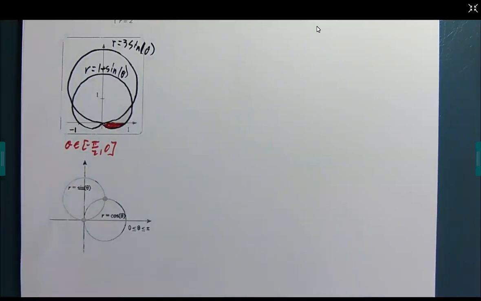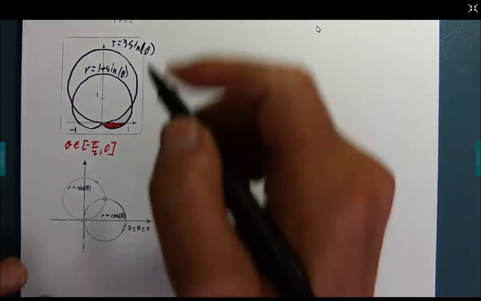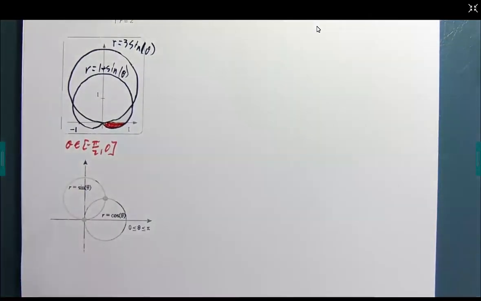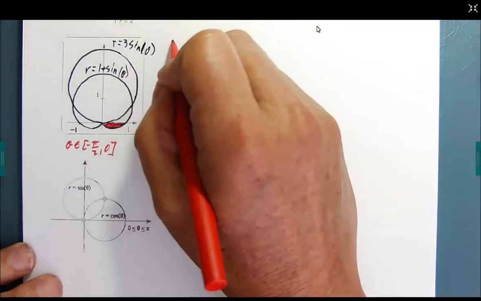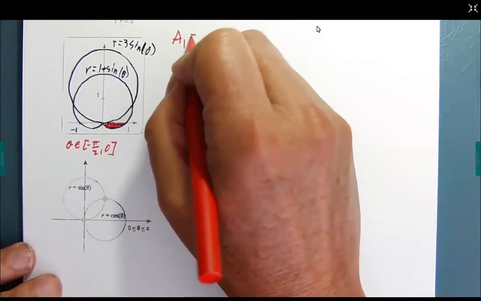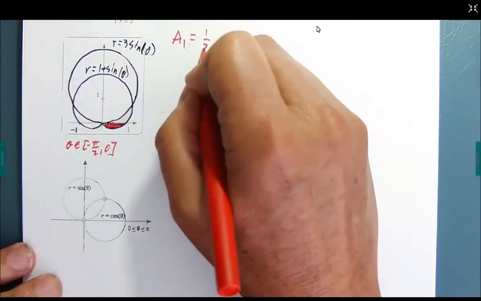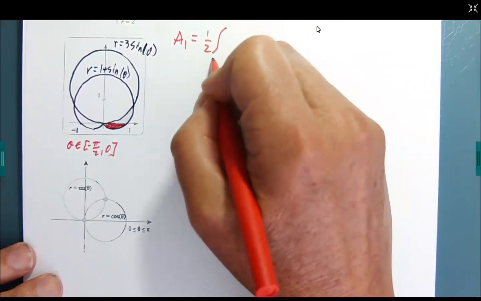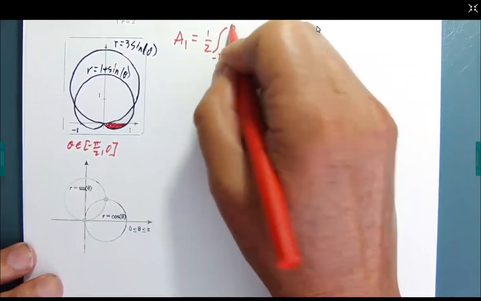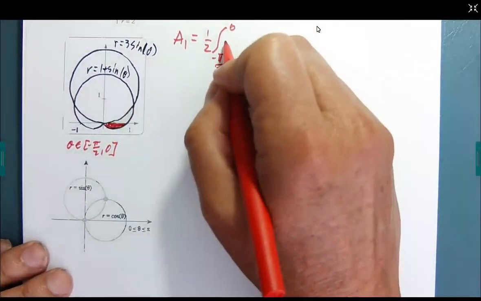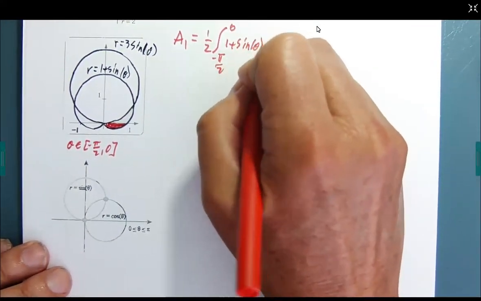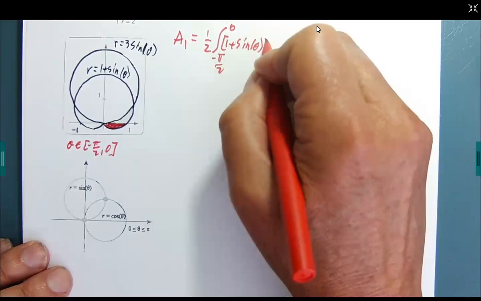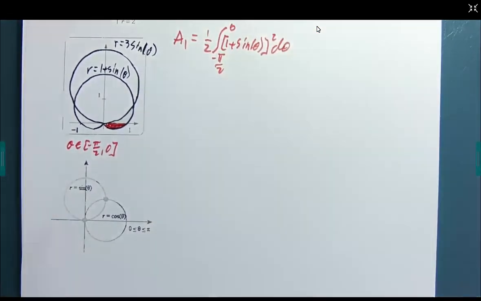And that function is the 1 plus sine theta. So the first area, I will write out in red to make it clear. So the first area is going to be 1/2 the integral from negative pi over 2 to 0 of just this function of 1 plus sine theta squared d theta. That is just the red.